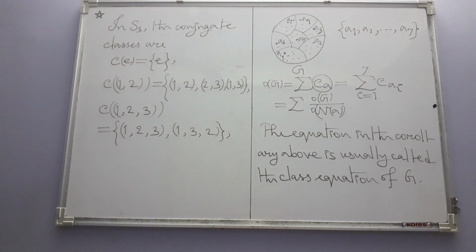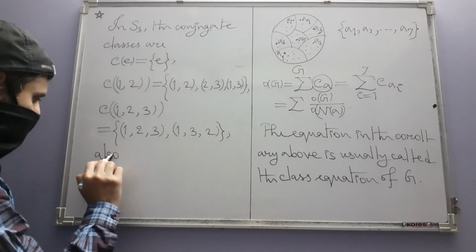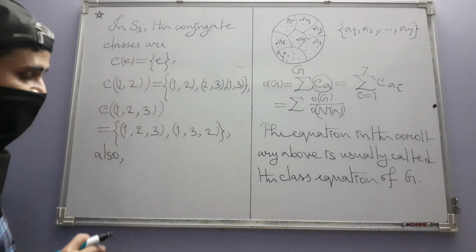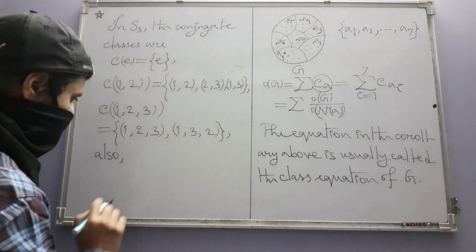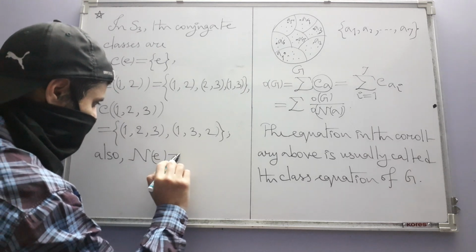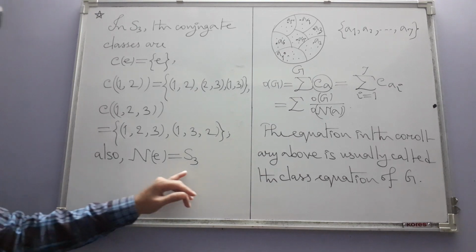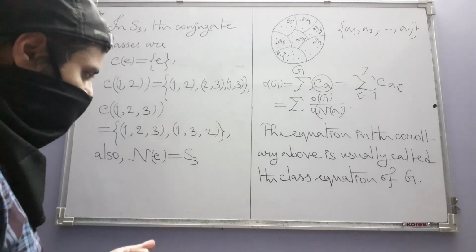Now simultaneously, if you look at the normalizers of these elements that we have considered here, E, (1 2) and (1 2 3), then you get this. The normalizer of E, of course, is S3 because every element of S3 commutes with the identity element.